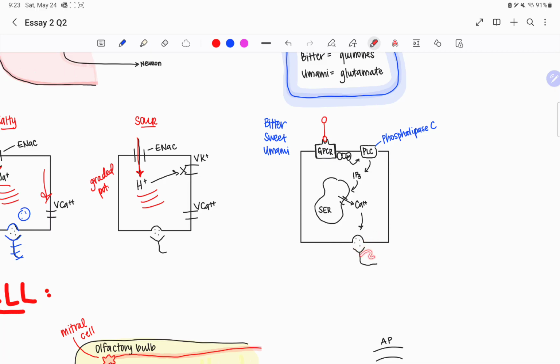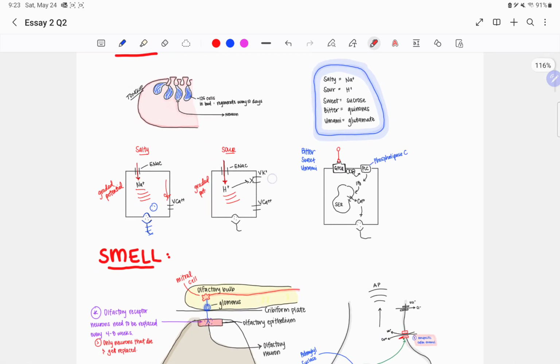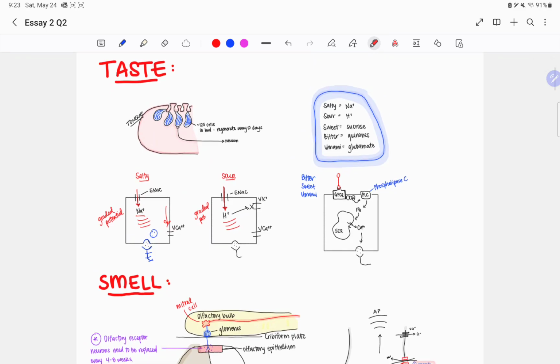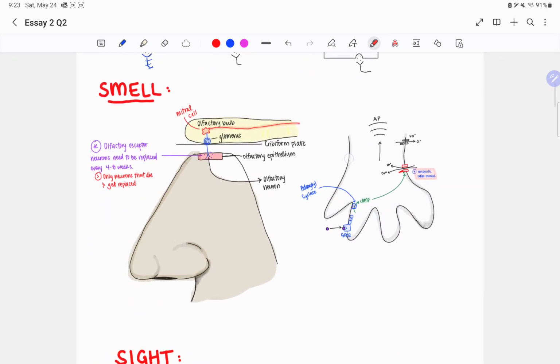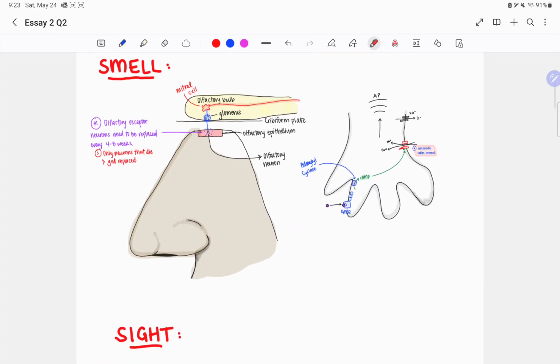The neurotransmitter binds onto the neuron, the neuron has an action potential and takes the signal on to the brain. Nothing too crazy. So that's how our taste receptors work. They're chemoreceptors, and they do this stuff. So we're going to move on to smell.